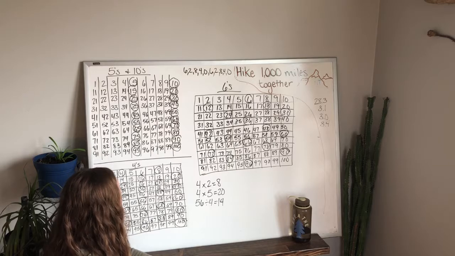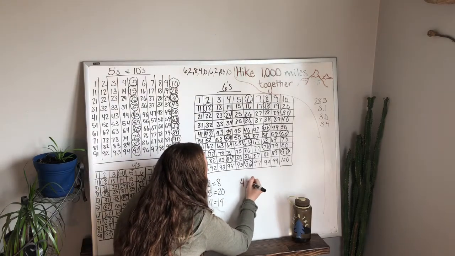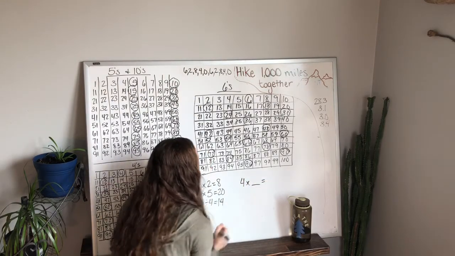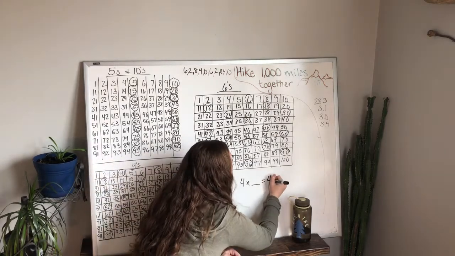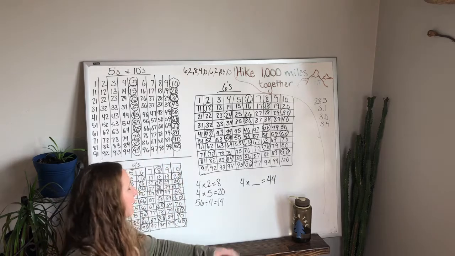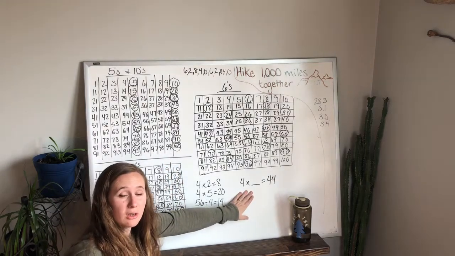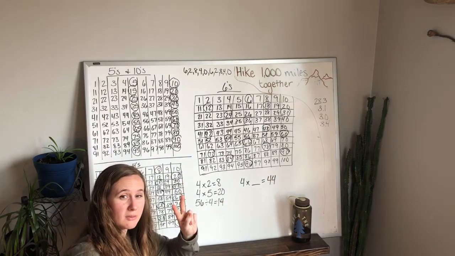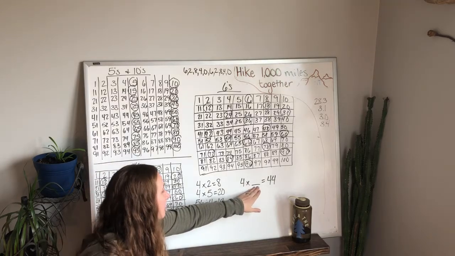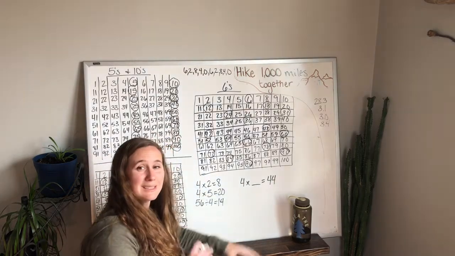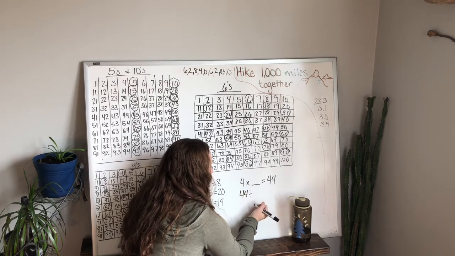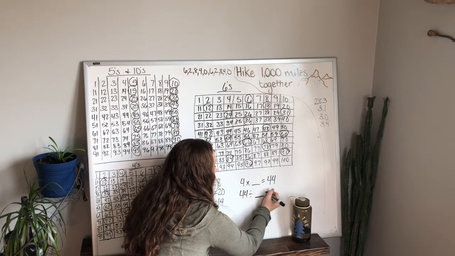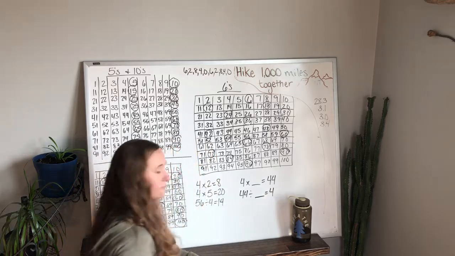So let's try 4 times what equals 44. Multiplication and division are really cool because they are the opposites of each other, which means that 4 times blank equals 44 is the same thing as 44 divided by blank equals 4.